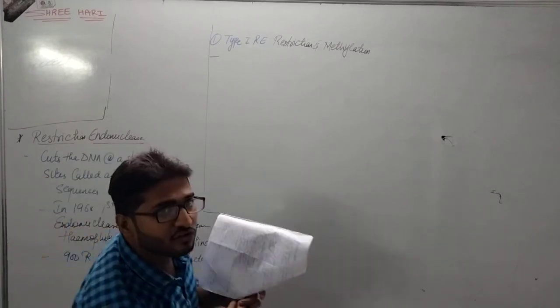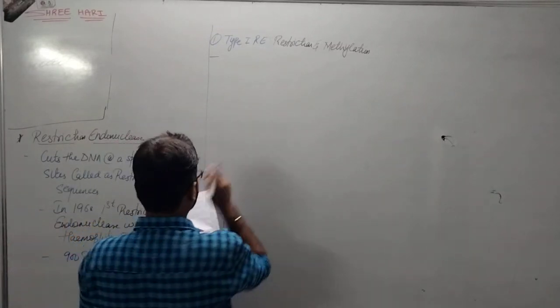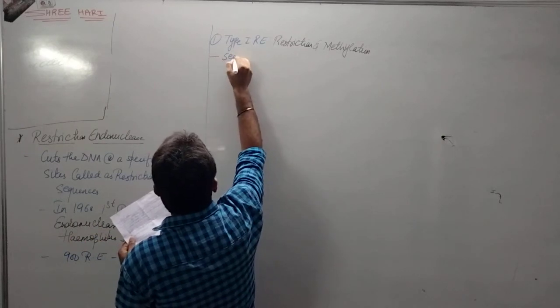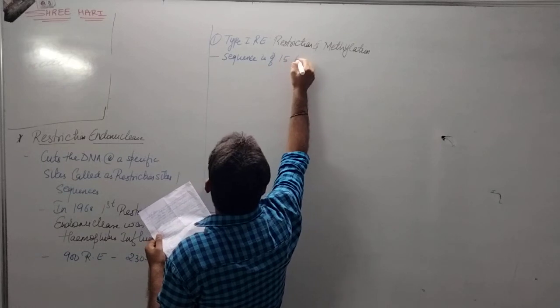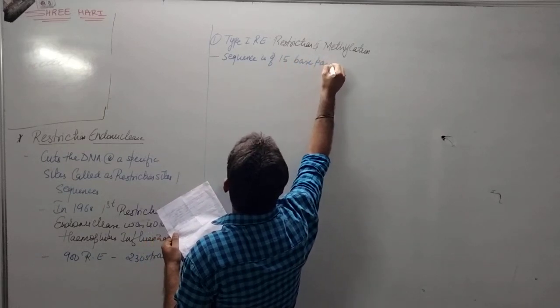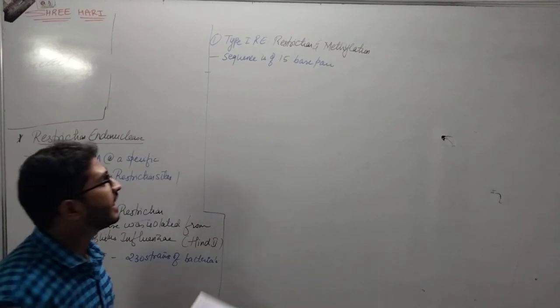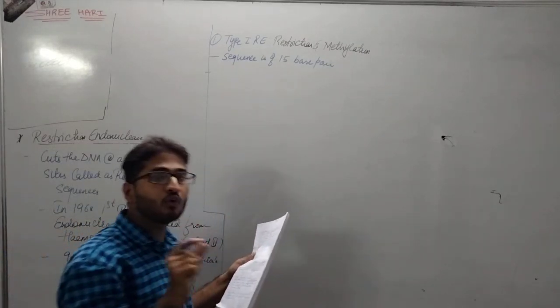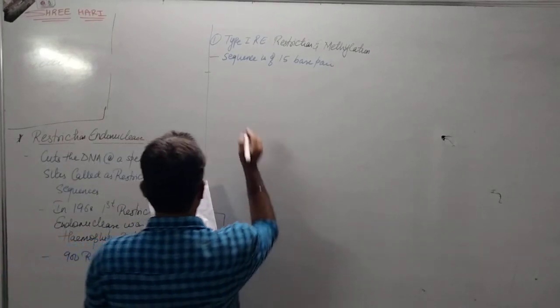It recognizes restriction sequences of 15 base pairs, and it cuts the DNA around 1000 base pairs away from the 5' end of the DNA.